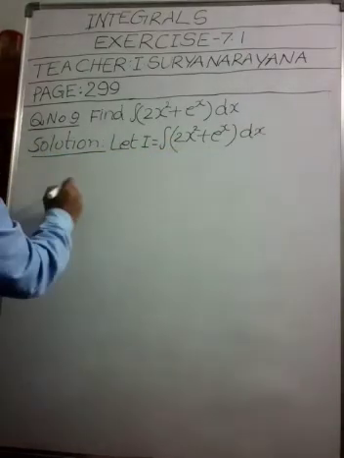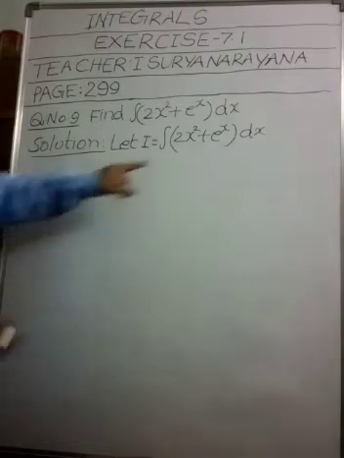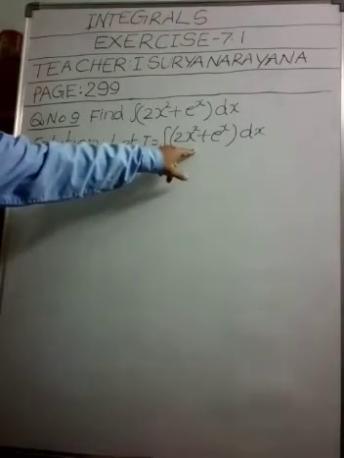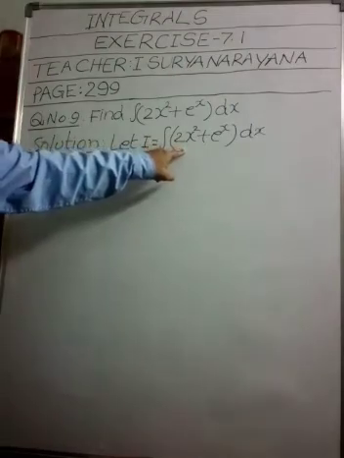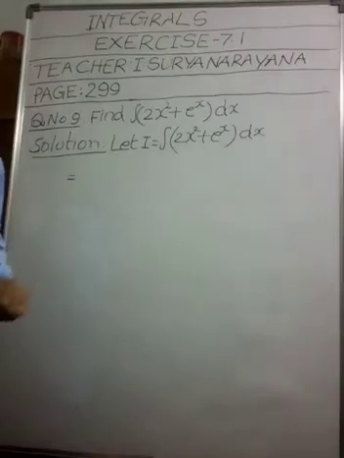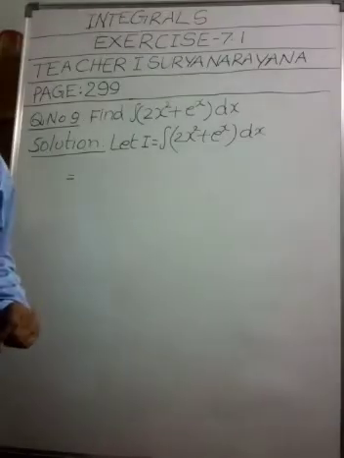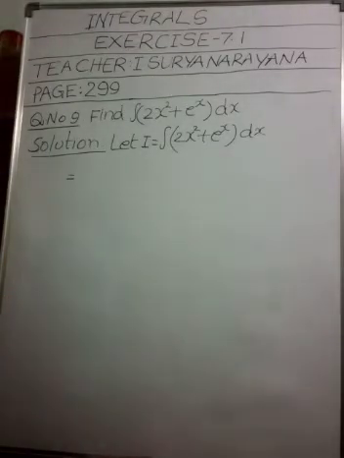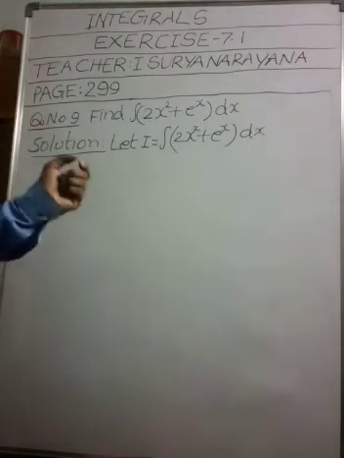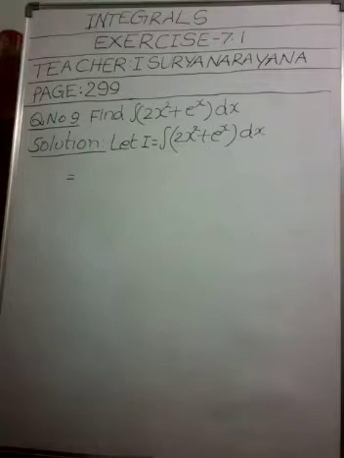This is equal to, if you observe this integrand, it has two terms. Namely, the first term is 2x square and the second term is e power x. You know the property. The integrand has different terms. We have to find the integral of each and every term separately and we combine them. Okay, my children?